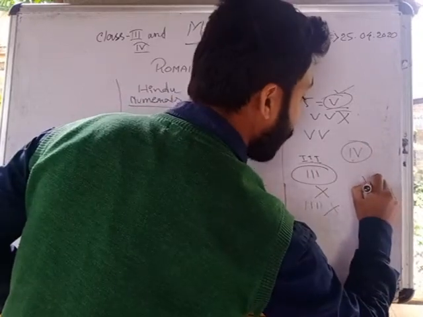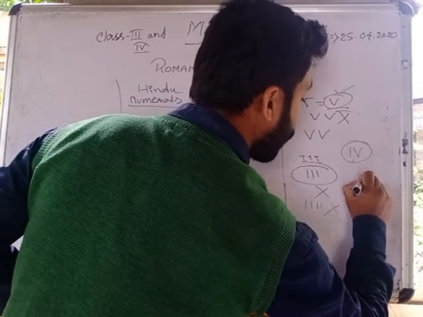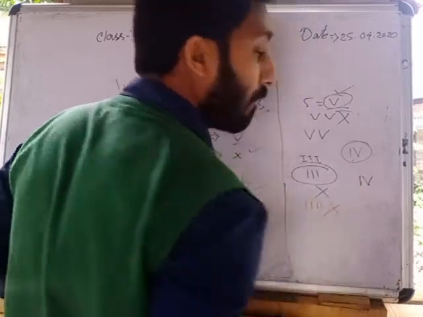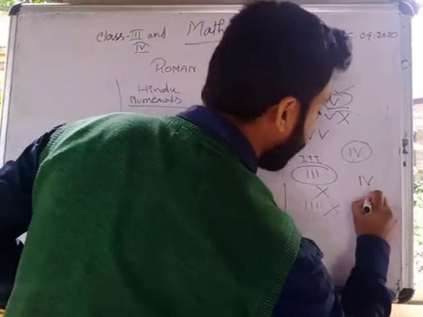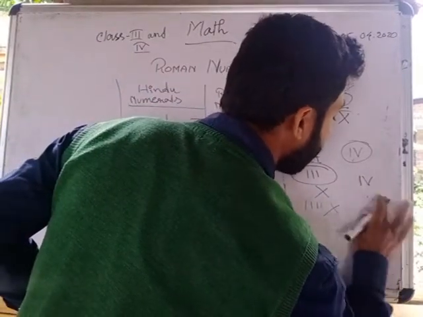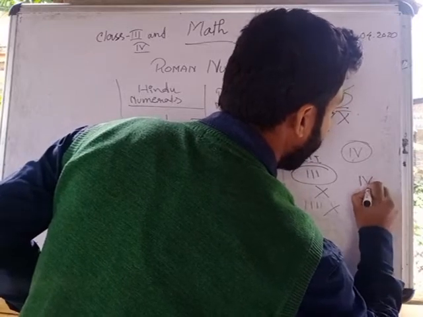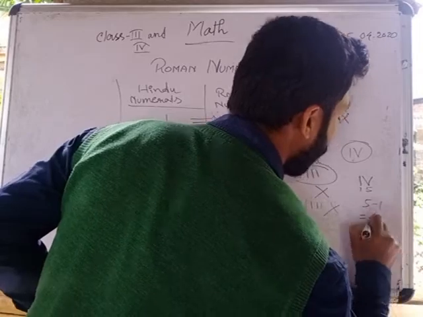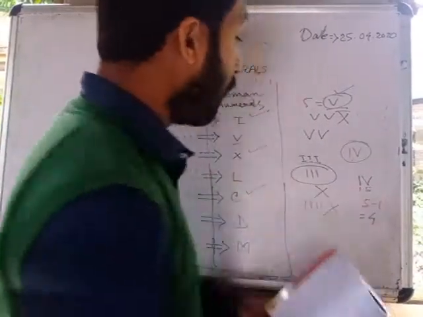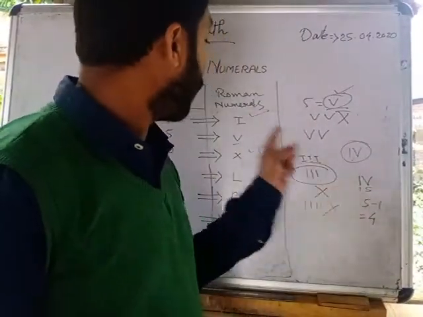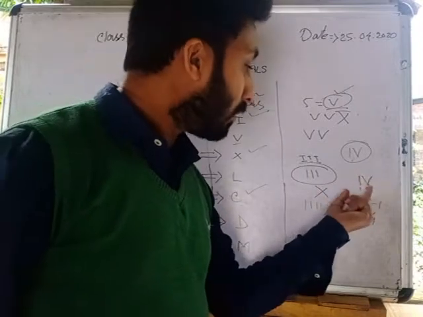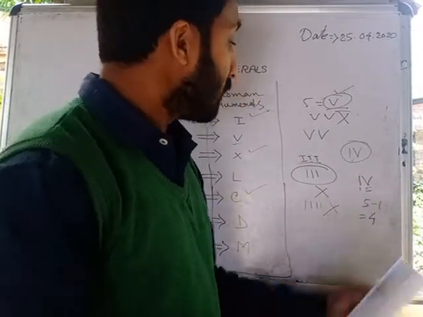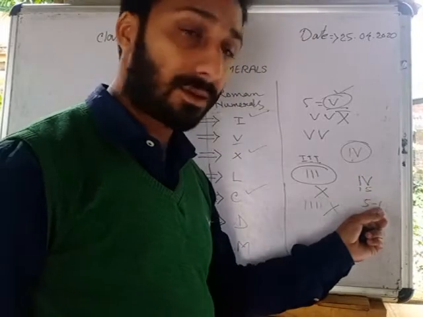This one is 5. If you write 1 just before 5, that is minus: 5 minus 1 is 4. When we write I before V, just before 5, that is subtraction.